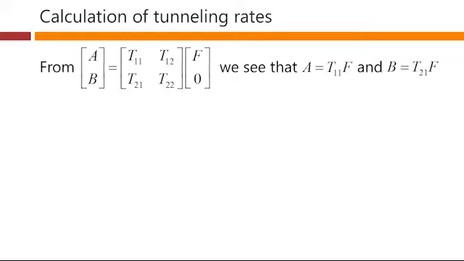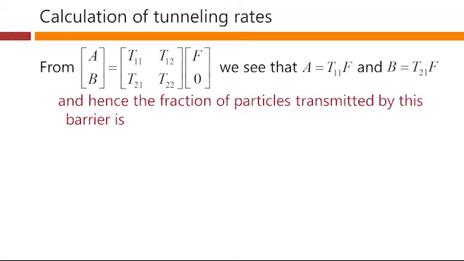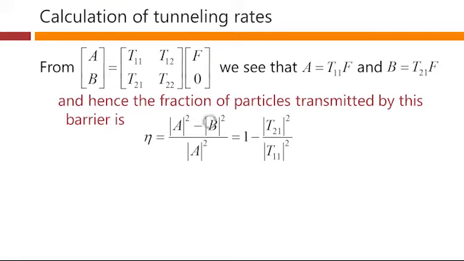Well, we can see now quite simply that A is T11 times F and B is T21 times F. Hence, the fraction of particles transmitted by this barrier is, using this formula here, 1 minus mod T21 squared over mod T11 squared.